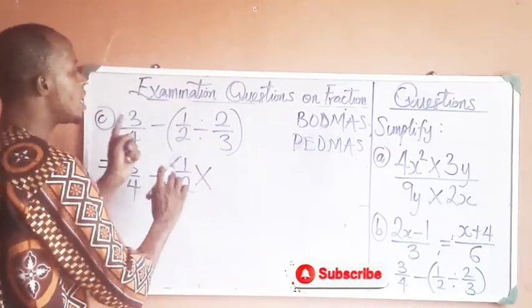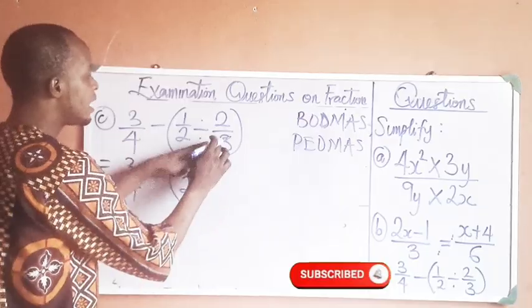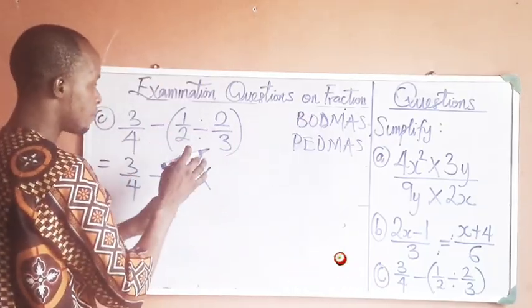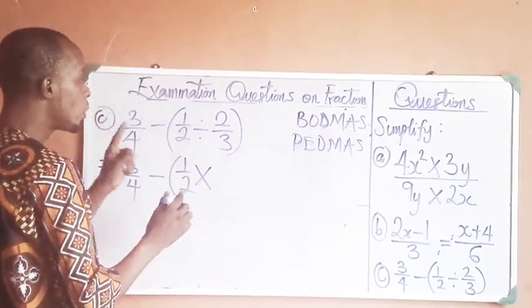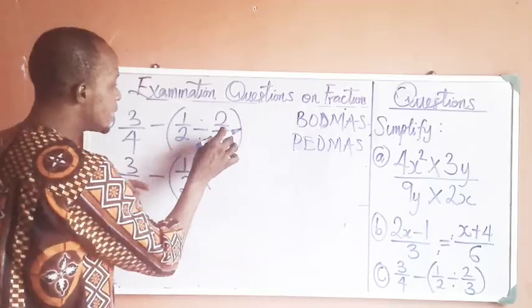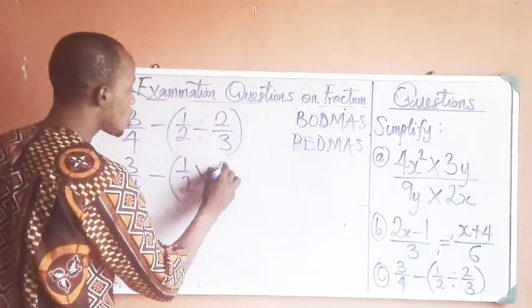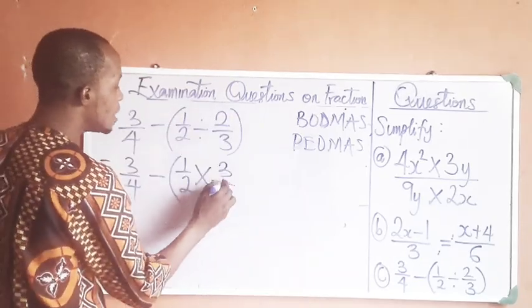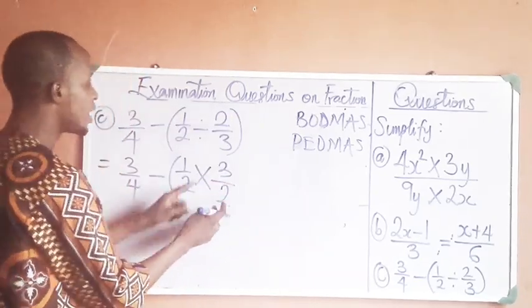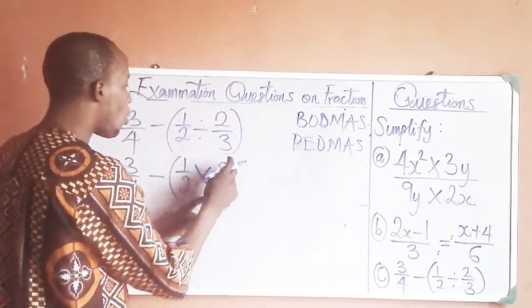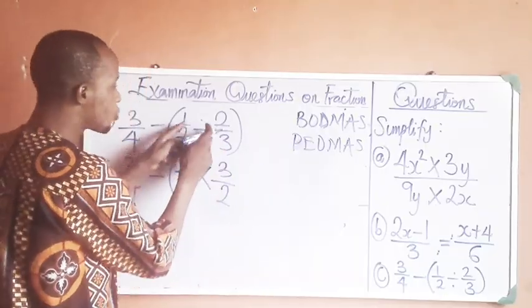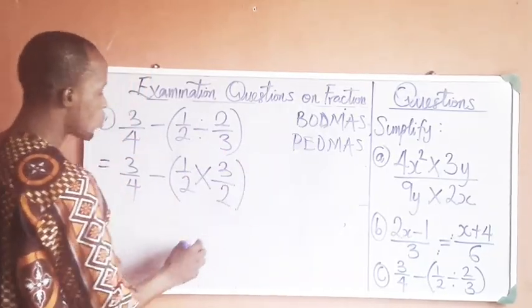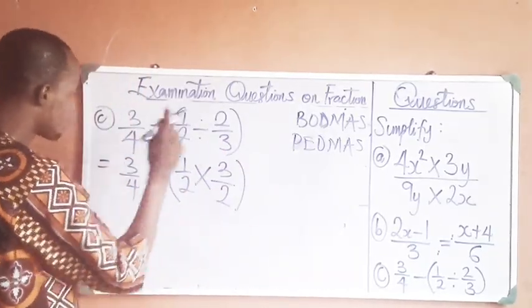And because you have changed the division to multiplication, the next fraction is affected. How is it affected? You will have to place the denominator in position of numerator and place the numerator in position of denominator. That means you interchange the position of the next fraction because of the change in sign. So this way, we can continue to solve properly.